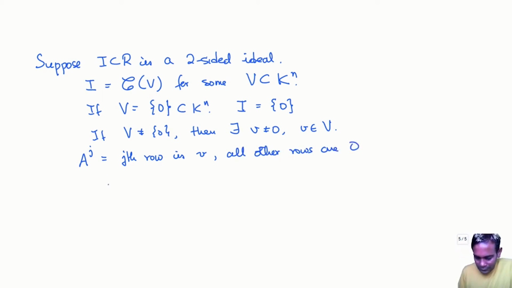So this matrix A_j looks like something like this. In the jth row, we have the vector v, and everywhere else we have 0.